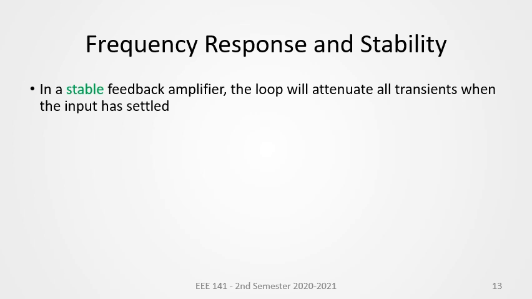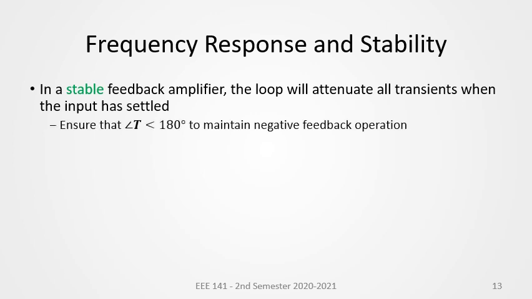This is consistent with the decaying transients for poles at the left half plane of the S domain. For this to happen, we have to ensure that the angle of the loop gain T is less than 180 degrees, or stays between positive 180 to negative 180 degrees, to maintain negative feedback operation.